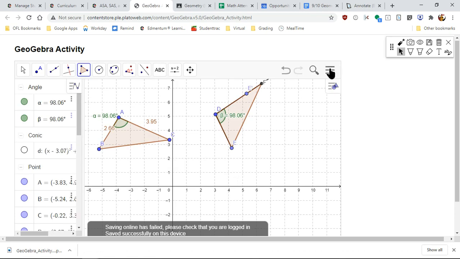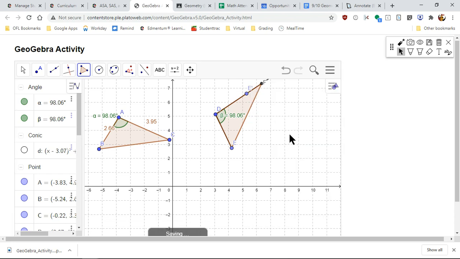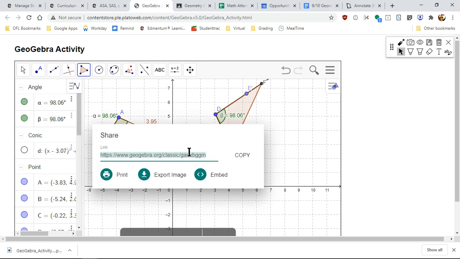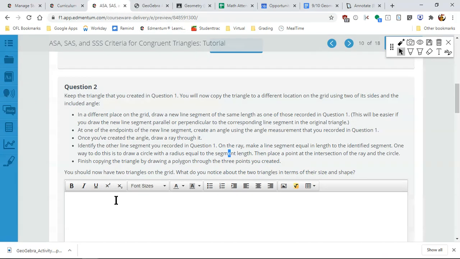What is going on here? I don't know why it's having such a hard time. Online mode failed. Oh, my internet's acting weird. There we go. So I'm going to copy that. Here.